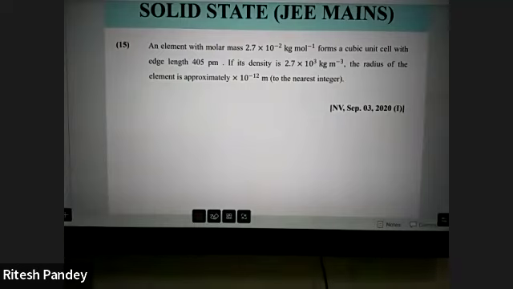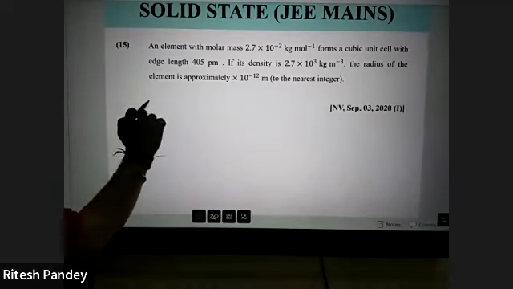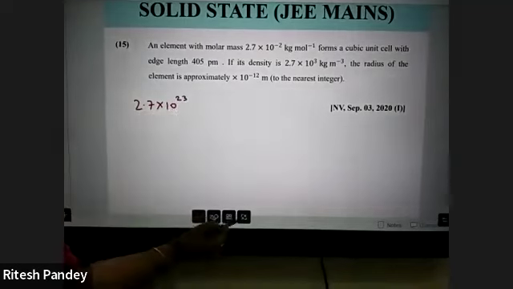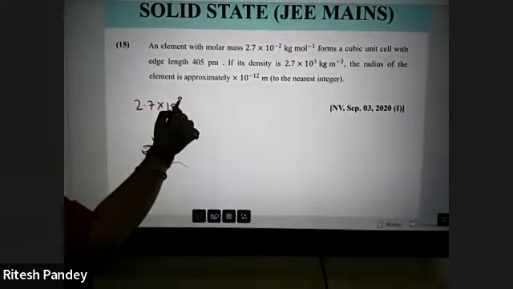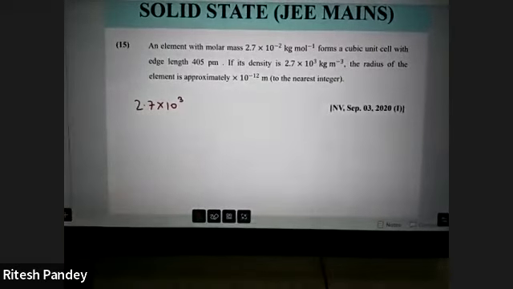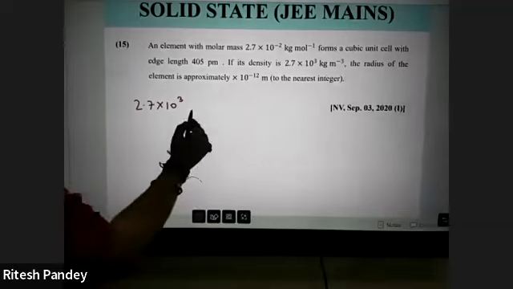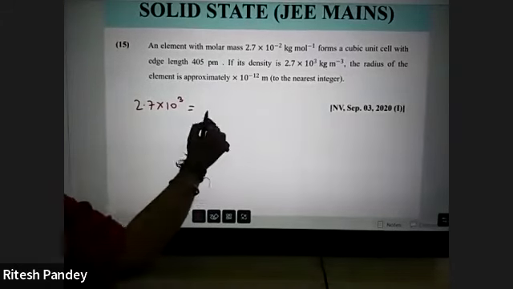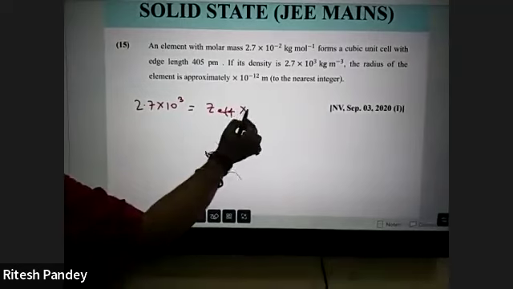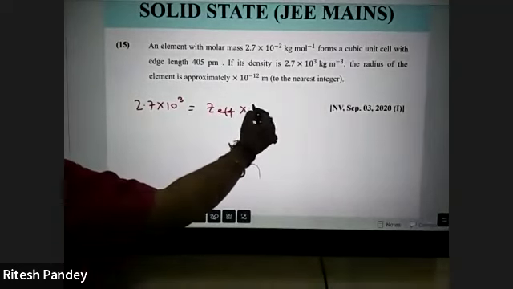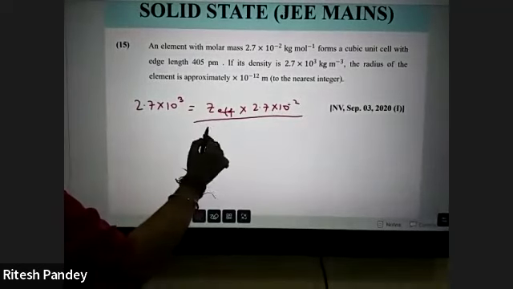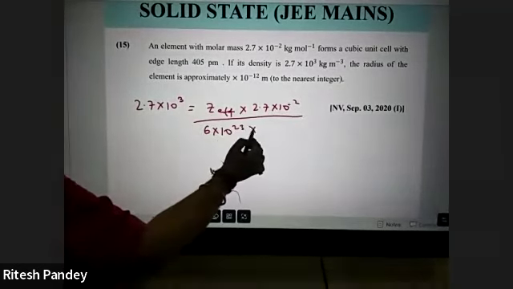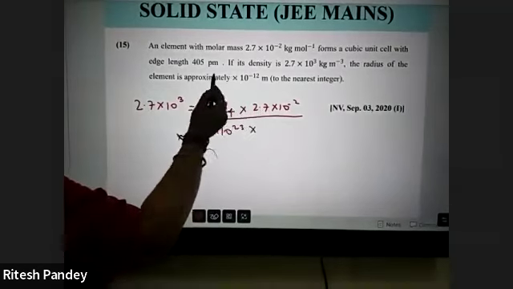Sir, 143 came. 143 is the right answer. Naturally, the density part is 2.7 into 10 to the power 3, which is equal to Z effective, that has to be calculated. The molar mass is 2.7 into 10 to the power minus 2, upon Avogadro number, which is 6 into 10 to the power 23, and a cube.